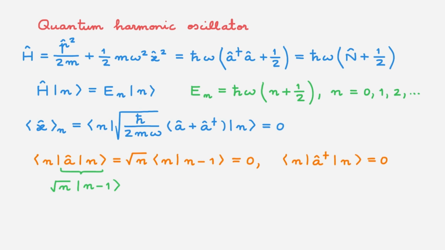We can make an analogous argument to show that the expectation value of the momentum operator with respect to an energy eigenstate also vanishes at all times. For the expectation value of the Hamiltonian with respect to an energy eigenstate, we trivially get the corresponding energy eigenvalue.